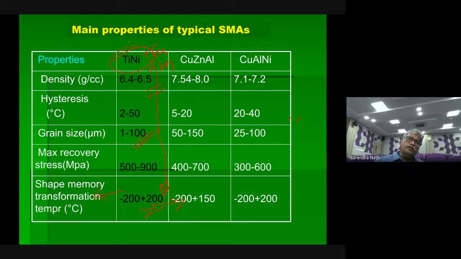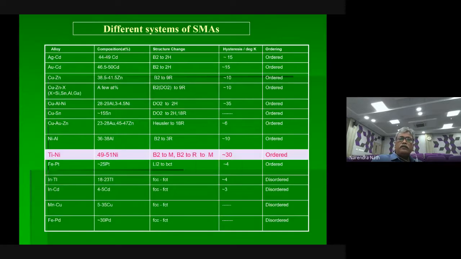Now, as titanium nickel it is -100 to plus 200. That means around 400 degree variation is there in transformation temperature. If you add copper or zirconium like this, there are so many. I gave only these two. So you can further widen the transformation temperature range. Again it depends on the application.